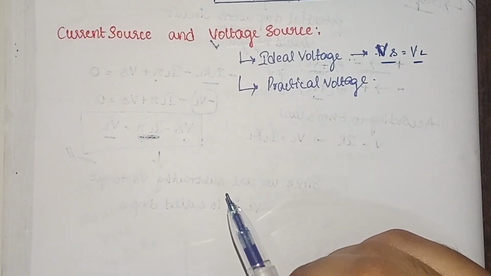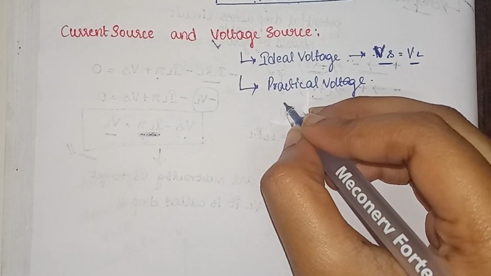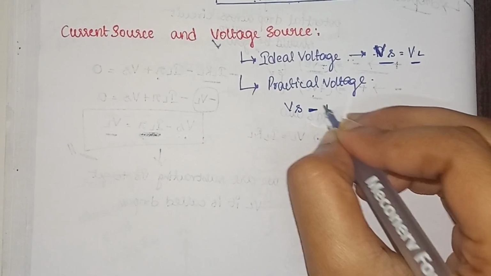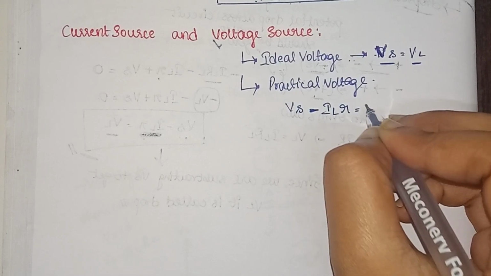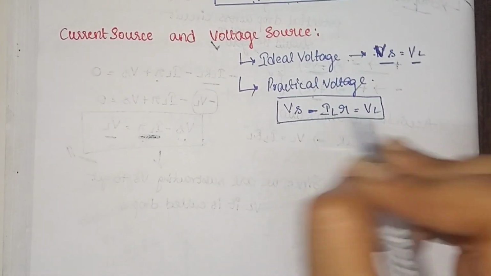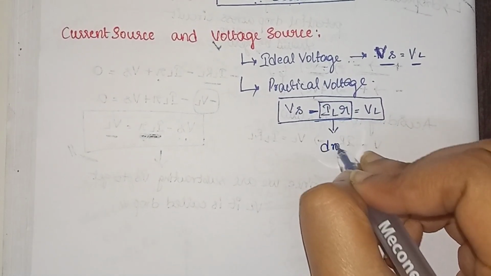But in the practical voltage part, yesterday in the video, we just derived this part: Vs minus IL R is equal to VL. This particular part is called the drop.